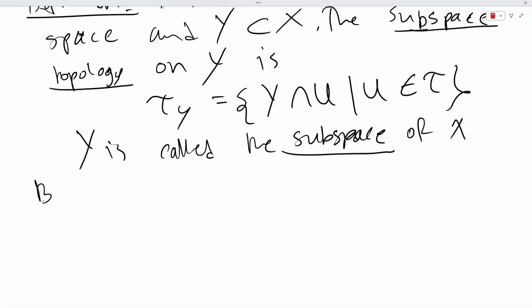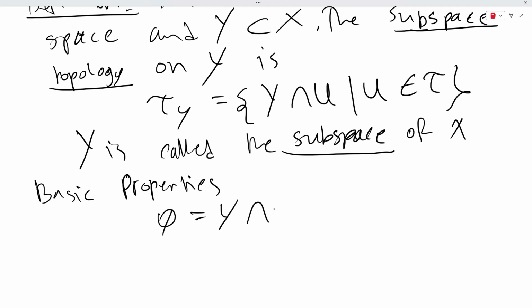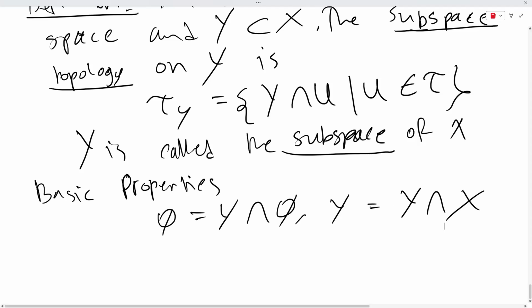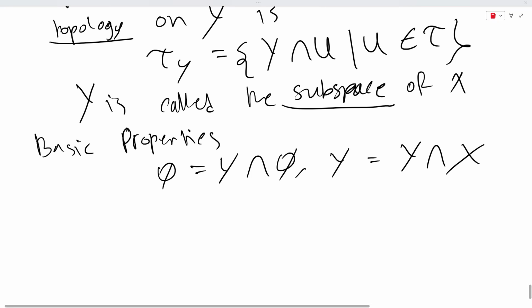So we have the basic properties here. The empty set is Y intersect the empty set, and Y equals Y intersect X. So this means the empty set and Y are in tau_Y.